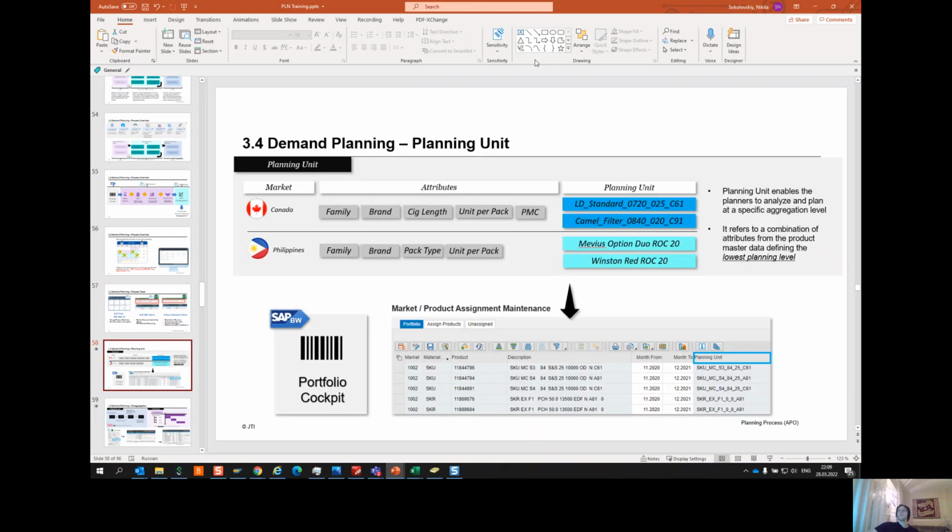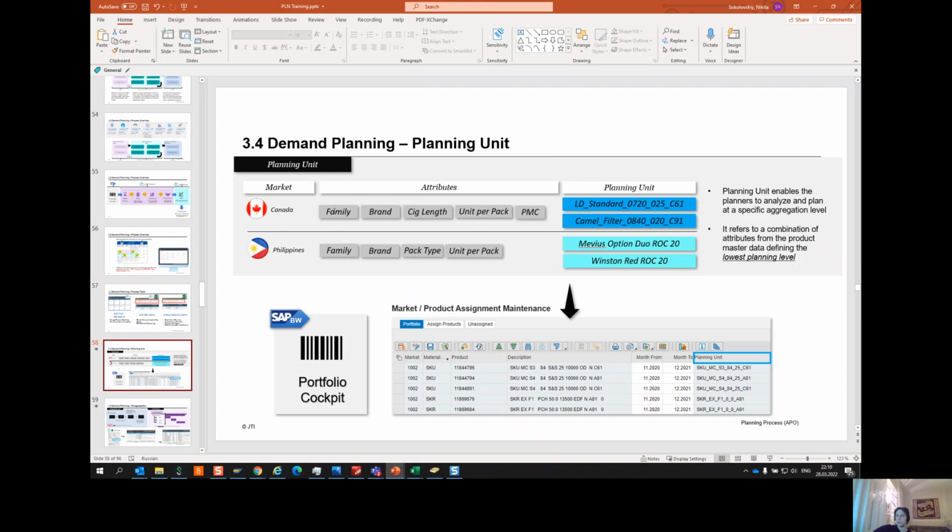Then I would like to comment once more on the topic of planning unit. I was mentioning it before, but here we have a good picture of what a planning unit actually is. A planning unit is a set of attributes like family, brand, cigarette length, units per pack, and PMC, but I don't really know what PMC is, sorry.